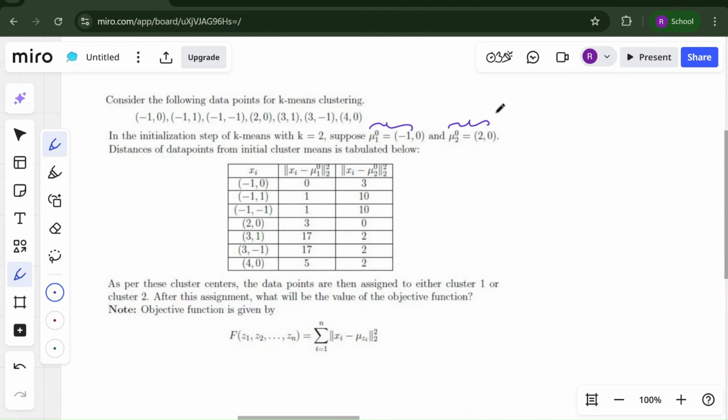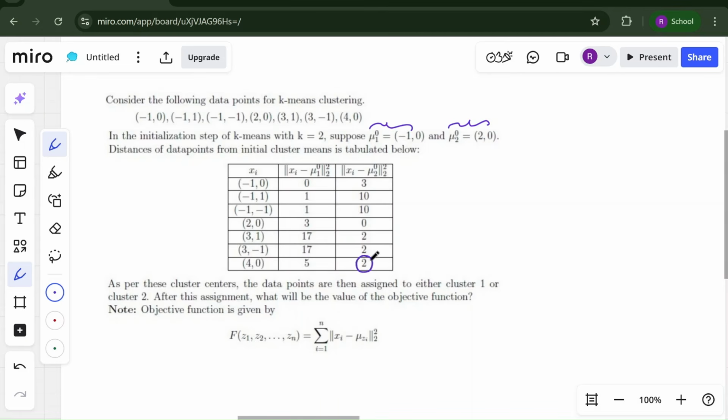Remember that in k-means you can either start with randomly initializing the cluster centroids, or you can also start with randomly initializing the cluster assignments. Okay, both of them are possible. So here they have randomly initialized the cluster centroids and then they are starting the algorithm, and they have already given us the distances of the data points from the initial cluster means. Observe quickly that there are some wrong values here.